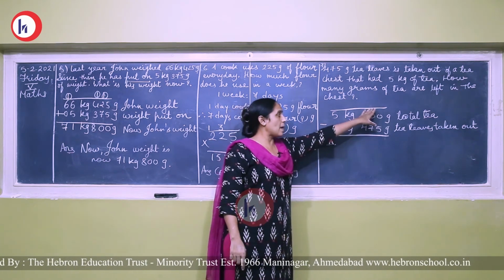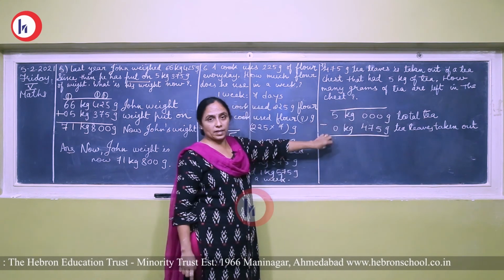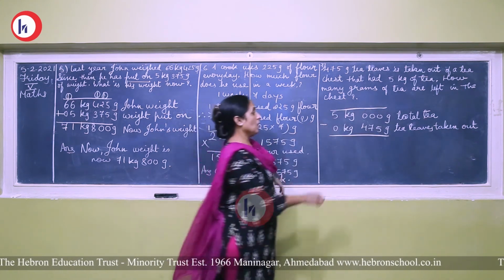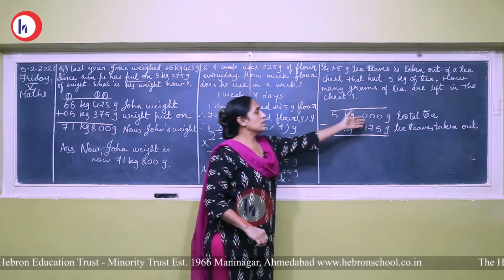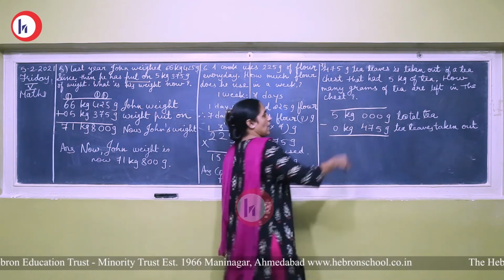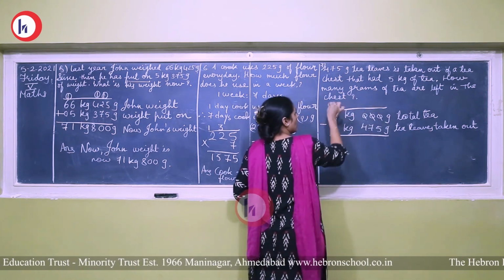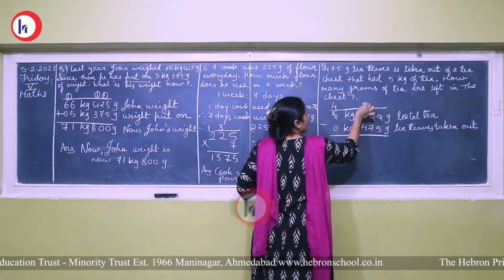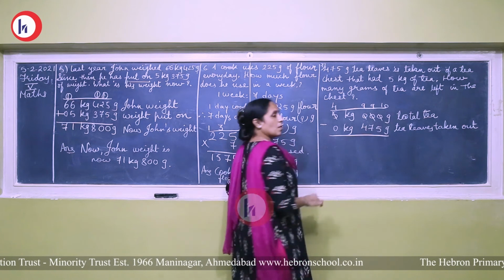So here in the gram place we have to mention 000 and kilogram place also we have to mention 0. Okay. Now subtraction, we have to borrow. 0 are there, so it is not possible. We have to borrow from next. Here is not possible. Here is also not possible. Borrow from here. Here 4. Then here 9 will be left, and here 10 will come.